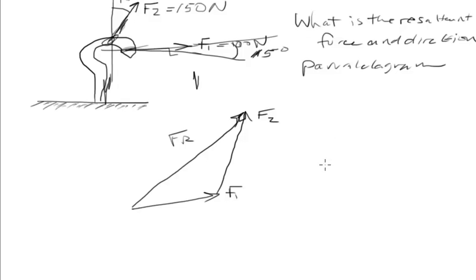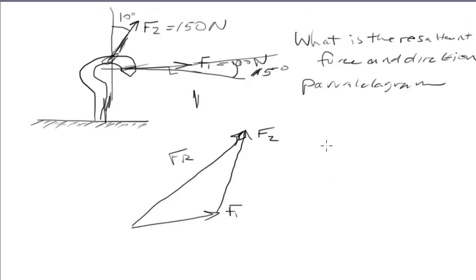So automatically you should look at that and you can say, oh, that's very similar to the parallelogram that we have. And so the question is, what is this theta? And what is the magnitude of FR? So in order to know FR, we need to know this angle, which we'll call gamma.